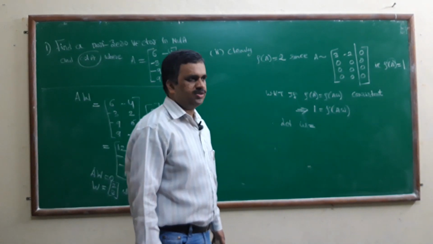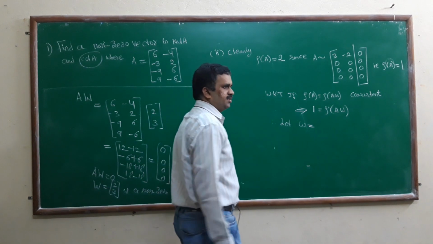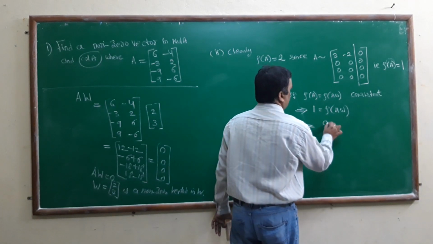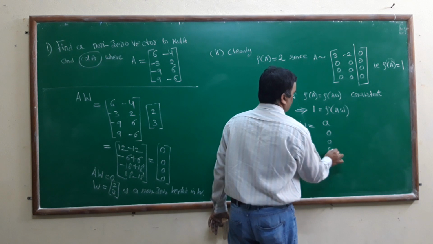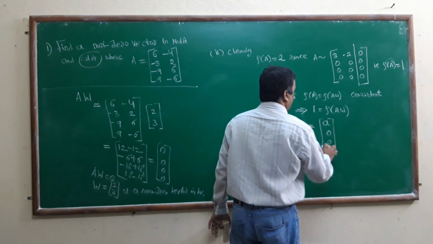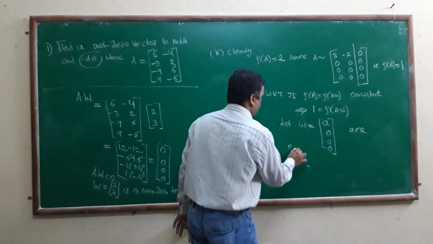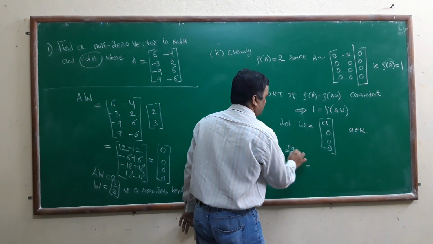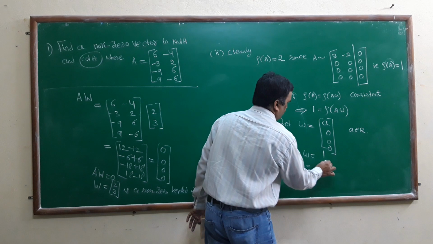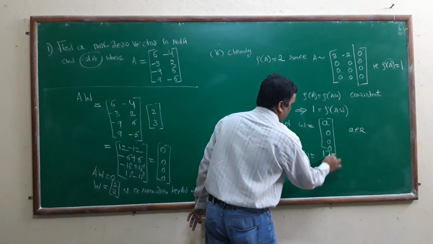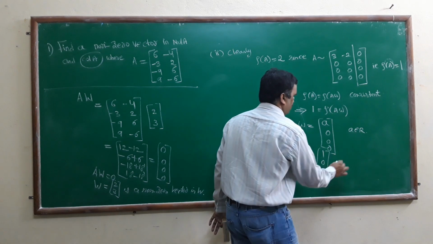Only one non-zero vector should have to exist. So simply I can write A 0 0 0. Instead of A you can write any real number, for example, you can consider W is equal to 1 0 0 0. This is a non-zero vector in column A.